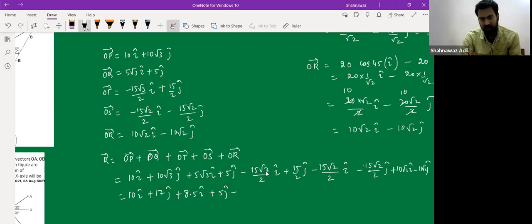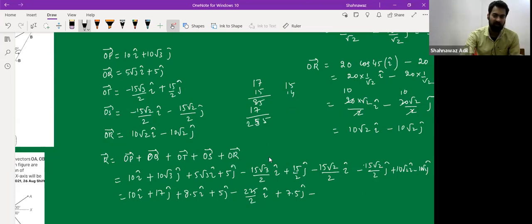And this is again 1.7, so 1.7 and 85 and then 17. So this would be how much? So 255 by 2i, and this is 15 by 2, so this is 7.5j, and this is again 1.4.